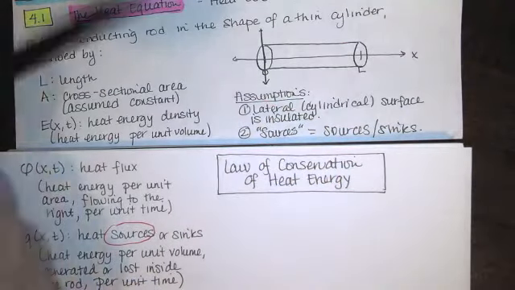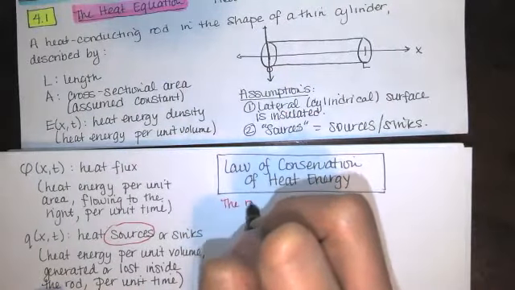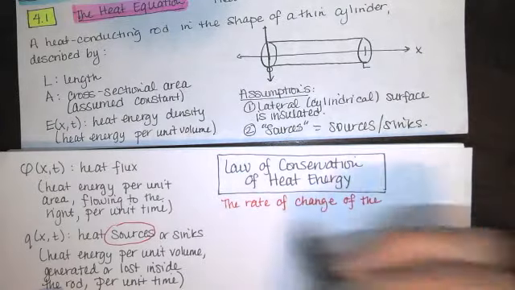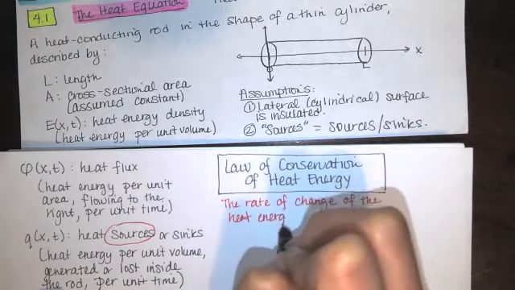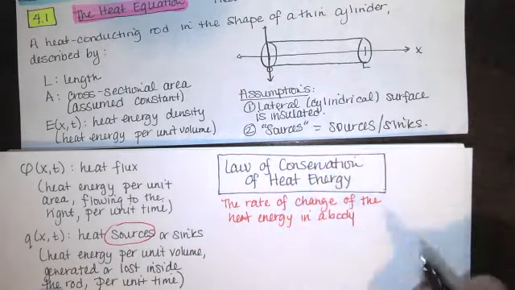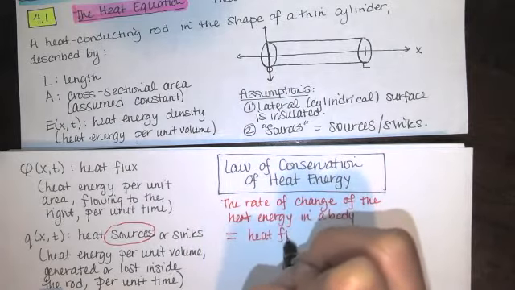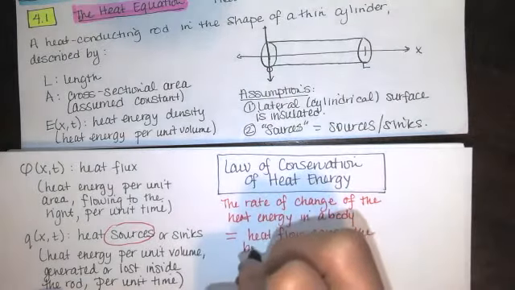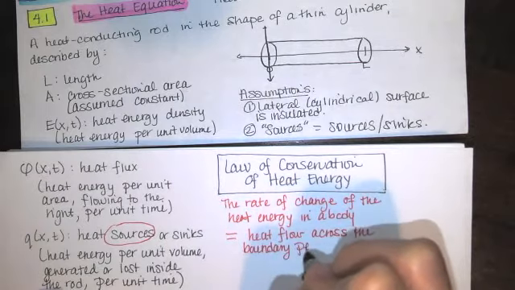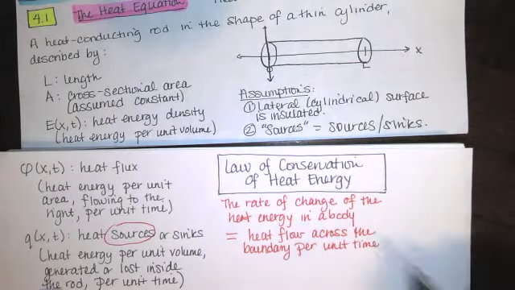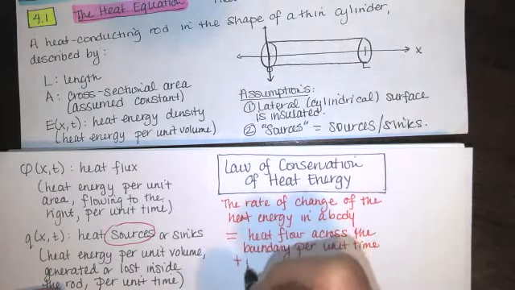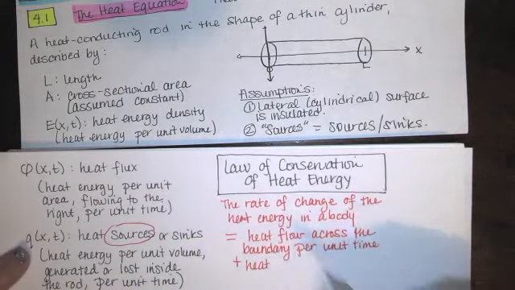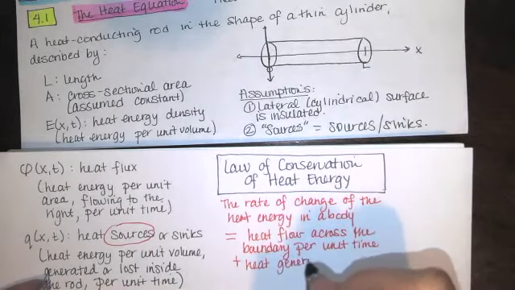And it says this: the rate of change of the heat energy in some body is equal to the heat flow across the boundary per unit time plus the heat generated or lost by sources or sinks per unit time. We'll just say that it's generated by sources for simplicity.